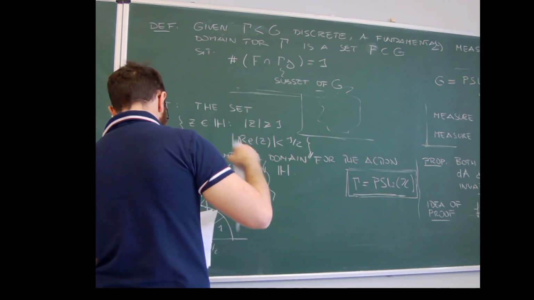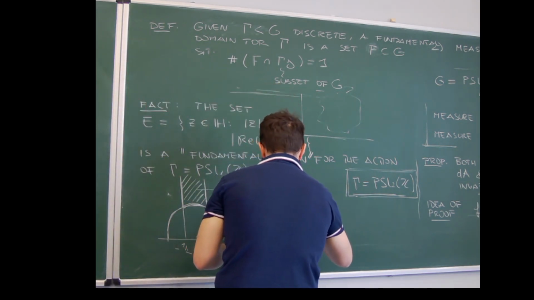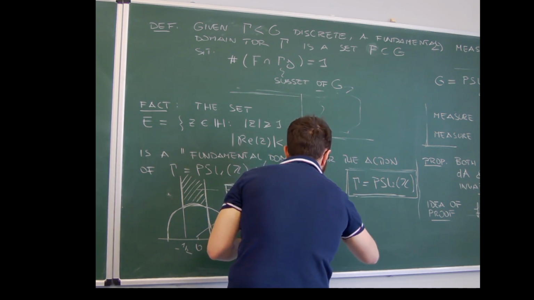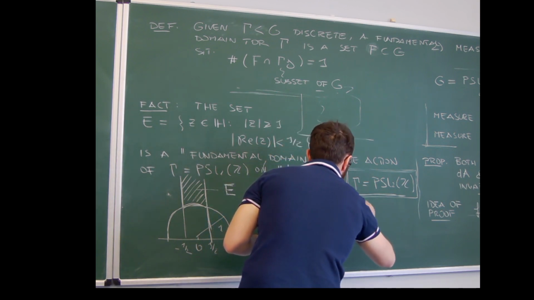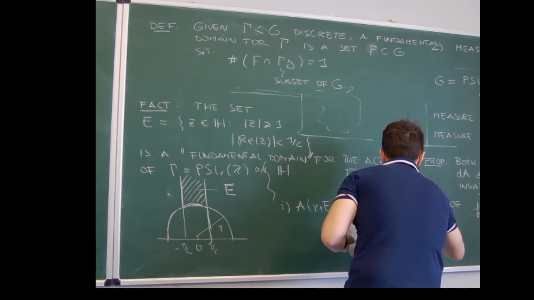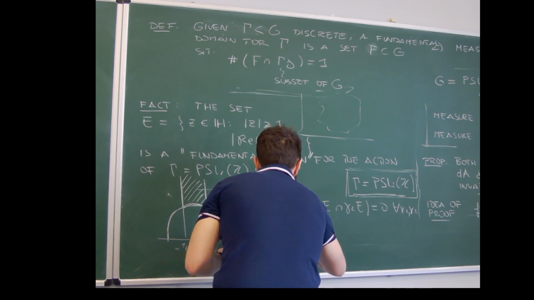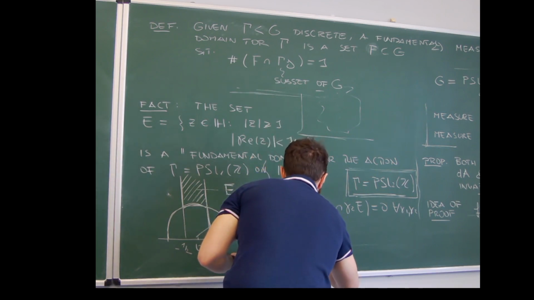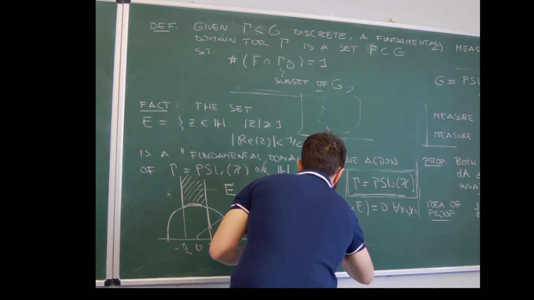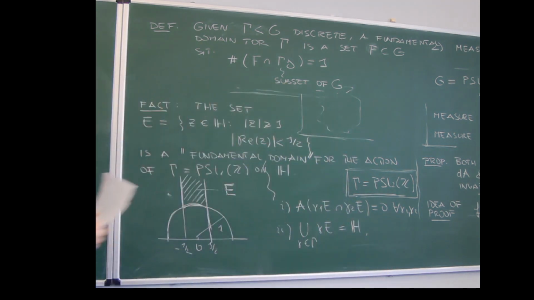I mean the following thing. I mean that, number 1, the hyperbolic area of gamma 1 E intersect gamma 2 E is equal to 0 for all gamma 1, gamma 2, and number 2, the union over gamma in Gamma of gamma times E is equal to the hyperbolic plane. Okay, so what does this mean?